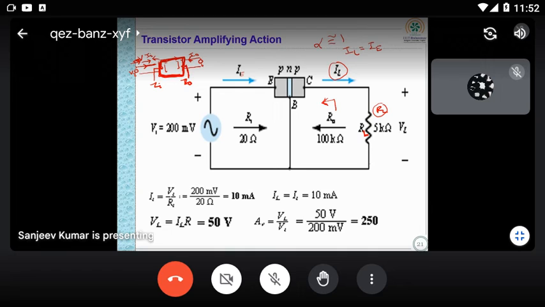So this transistor's output impedance is Z0. But what is the load you are taking? This is your load resistance. Across that you are measuring your voltage. Z0 is the impedance, and I will tell you how to calculate this Z0.